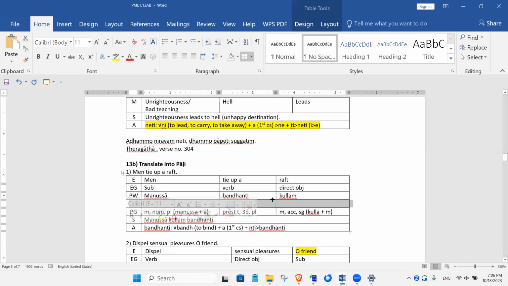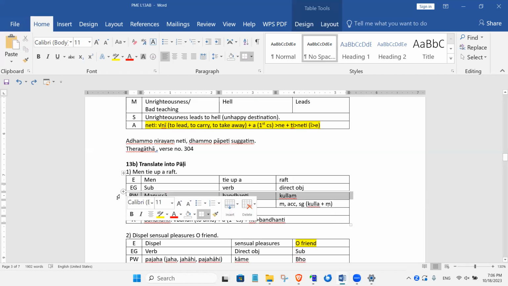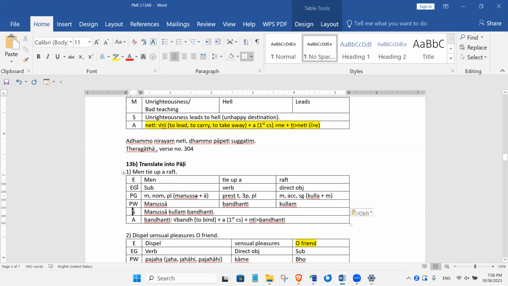Okay, so Pali grammar should come first. All right. Because after you know the grammar, then you can translate properly. So you should know the subject is masculine nominative plural. Then after that, you know the manusa becomes manusa, right?